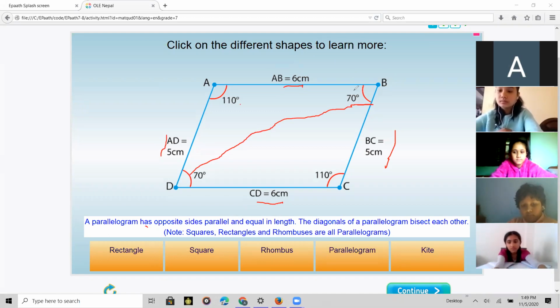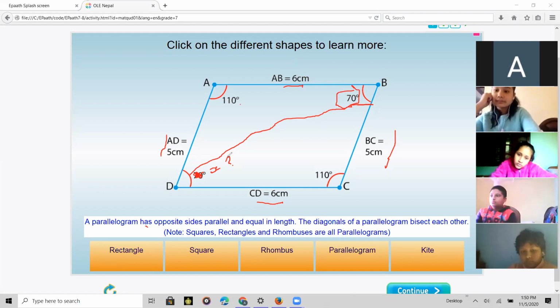If here is 70 degrees, and suppose we don't know the value of this angle, and here is something variable like x, y, z or something. So what is the value of x? This is 70 degrees, because opposite angles of a parallelogram are equal.